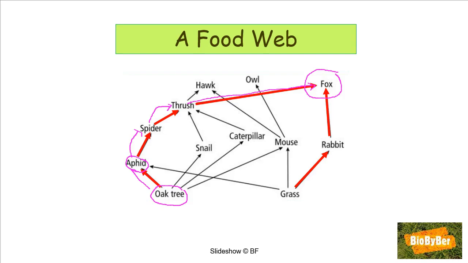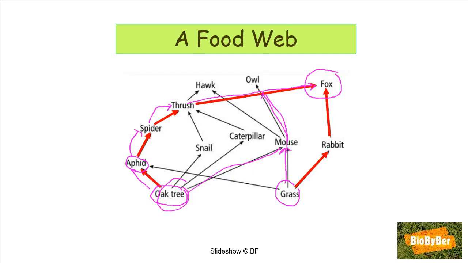We can also pick out a number of interconnecting food chains quite easily on this diagram. For example, the grass is eaten by the mouse, who is eaten by the owl. The oak tree is eaten by the mouse, who is eaten by the owl.